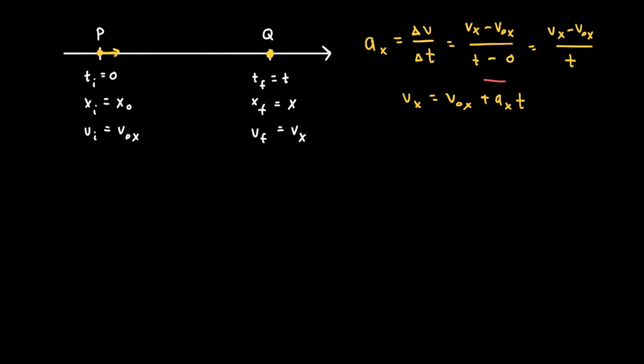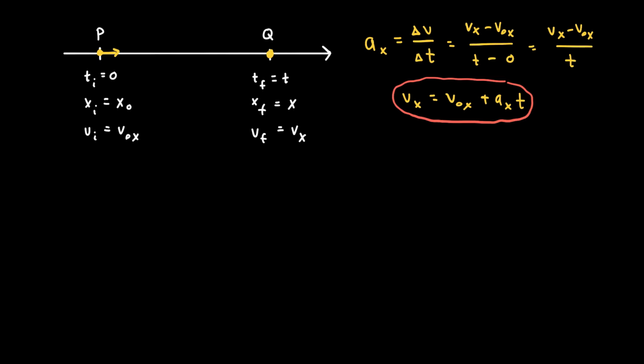And this is one of the three kinematic equations that I'm trying to derive in this video. If you know some information about how the object is moving, you can determine the final speed of the object. Or at least that's what I've solved the equation for here.